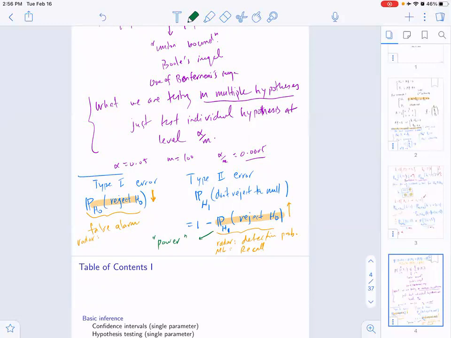Oh, I see also bias and variance. Bias variance is another type of trade-off. I see Matt says this. It's related, but not in the context of hypothesis testing. This is more direct: type 1 versus type 2 error, or the level of the test, also called the significance level, versus the power.